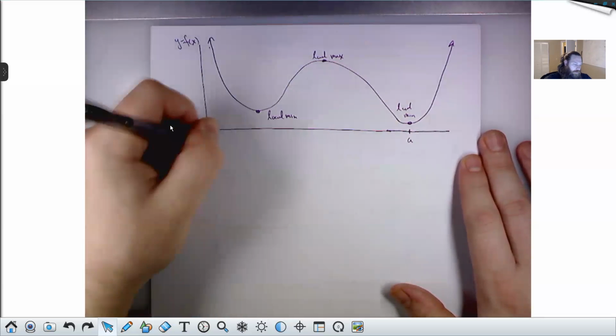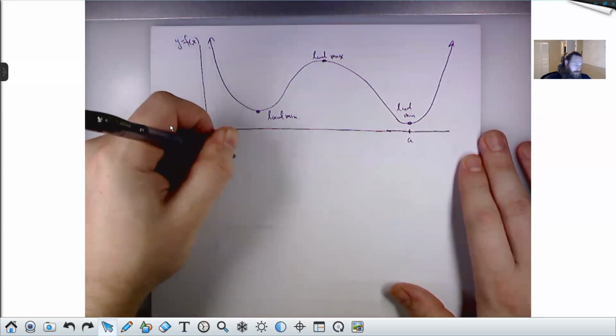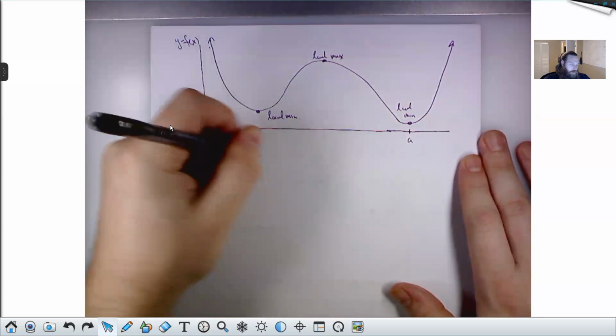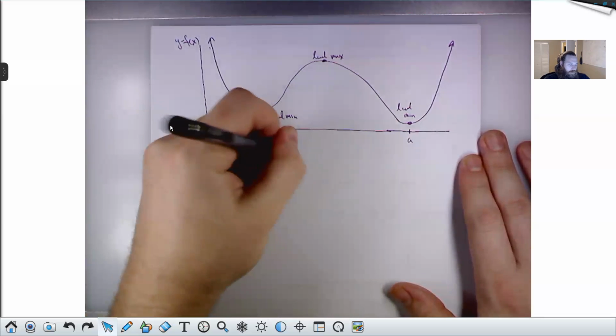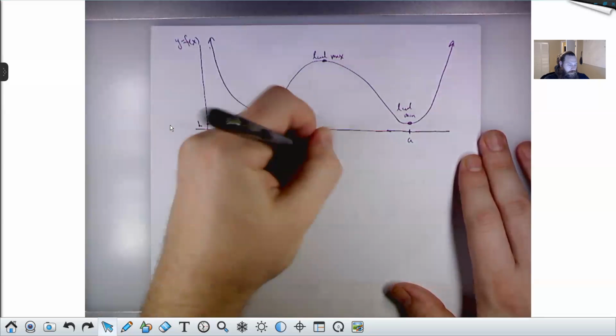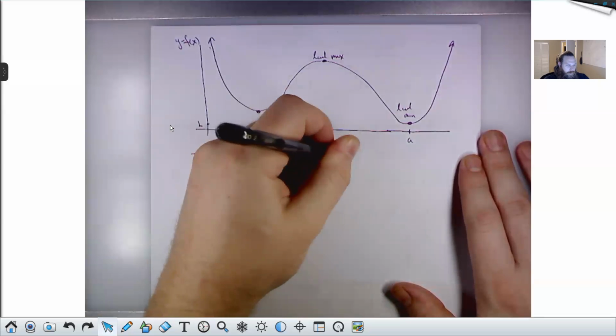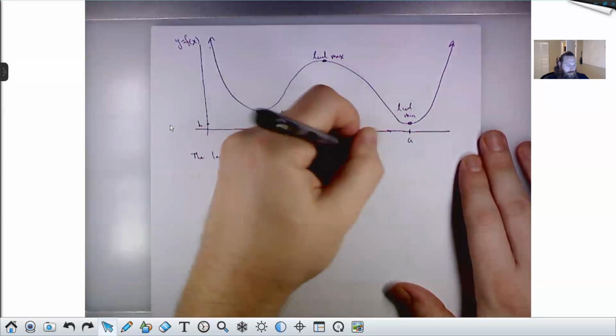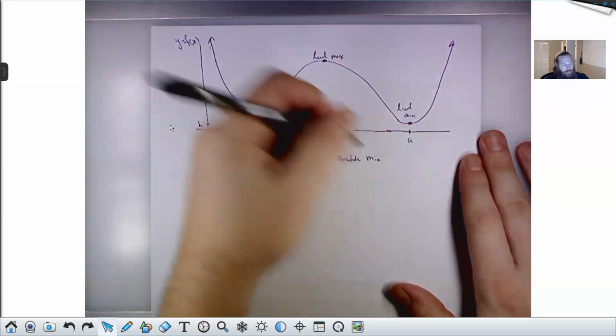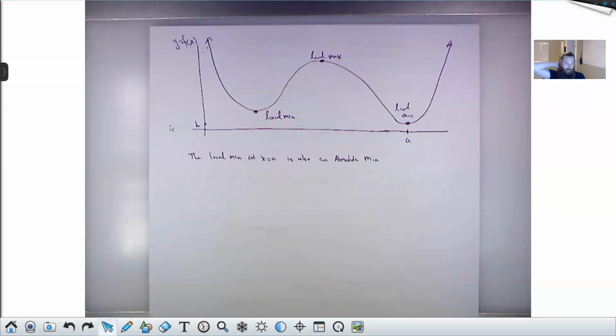And we'll say that the local min at x equals A is also an absolute min. Right? Because that is the lowest the graph ever goes.